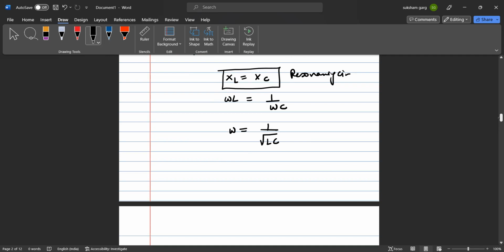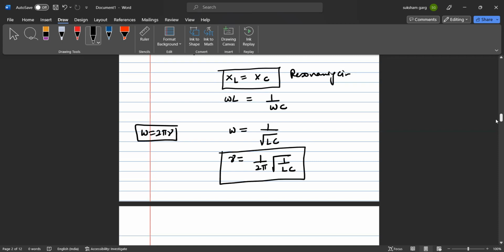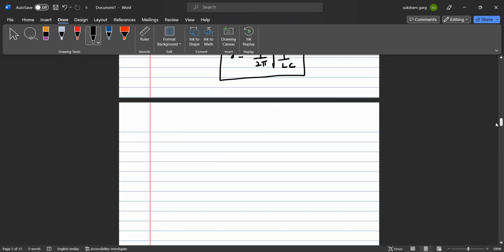So you know omega is equal to 2 pi nu. Already I told you to remember it. Fill that in and you get nu is equal to 1 upon 2 pi into root of 1 upon LC. So this is the value for the frequency of a resonating circuit.